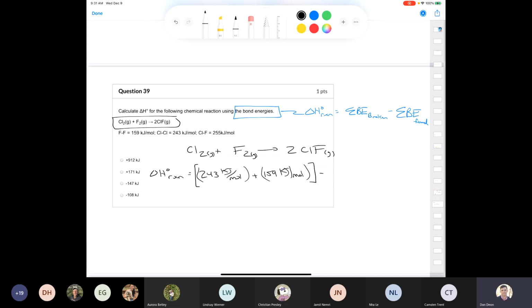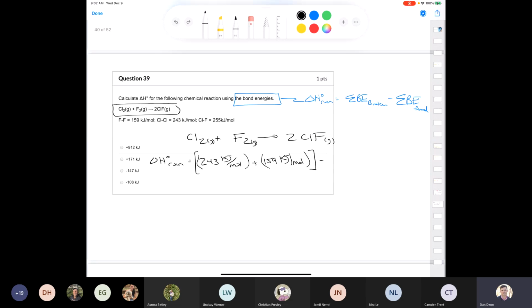And then I'm going to subtract the sum of the bond energies of the bonds that are formed. Here it has the value of bond energy of a chlorine-fluorine bond, but I'm forming 2 molecules with that bond. And so I'm going to subtract 2 times 255 kilojoules per mole.